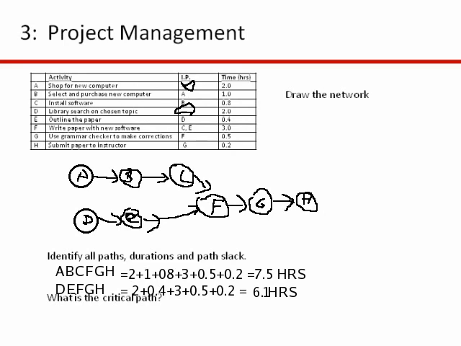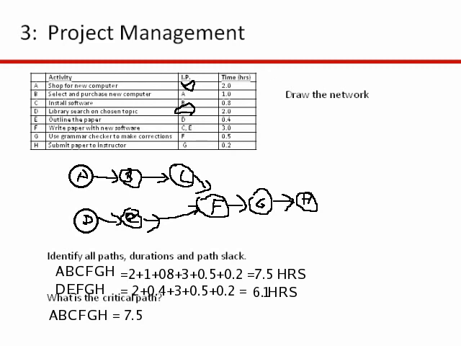All right, so when you look at how long it's going to take to get the entire network done, it's going to take 7.5 hours. And so the critical path is the longest path. And so in this particular case, the critical path is A, B, C, F, G, H. And we expect that it's going to take Chris 7.5 hours.